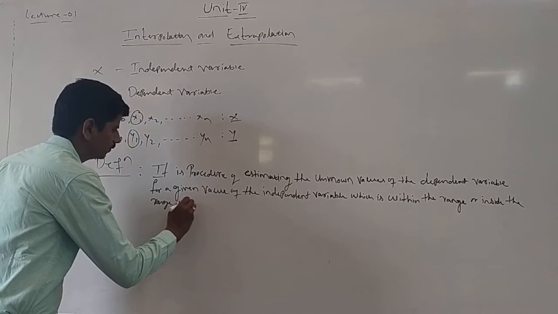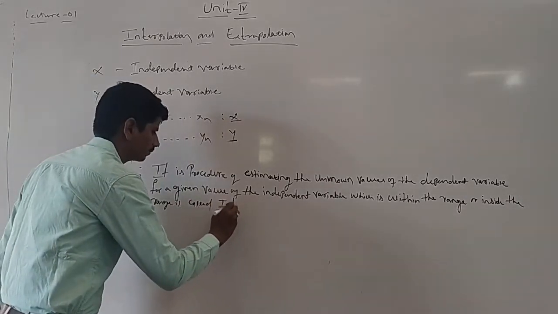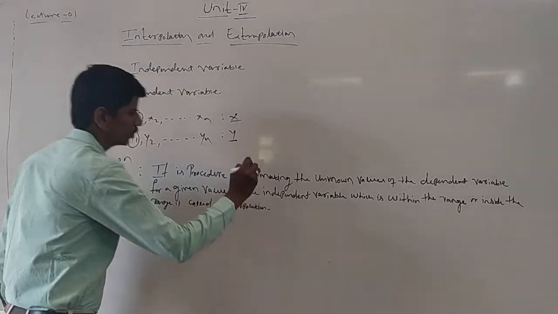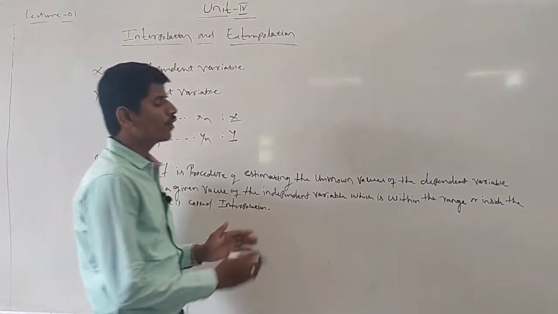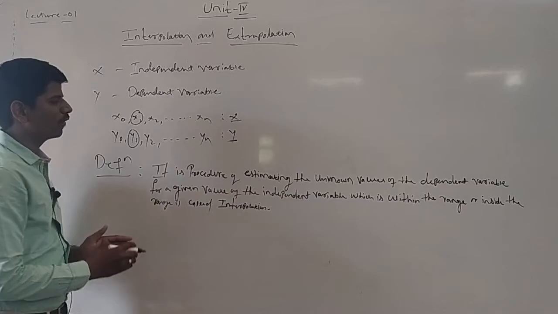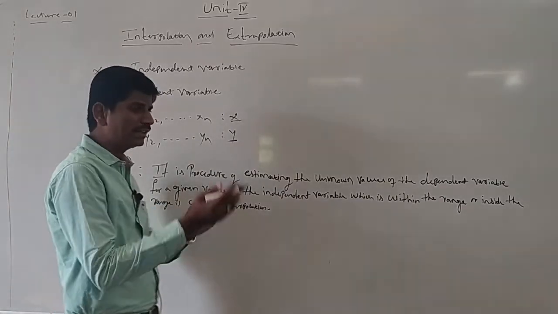This is called interpolation. What is interpolation? It is a procedure of estimating the unknown values of the dependent variable for a given value of the independent variable which is inside the range or within the range.